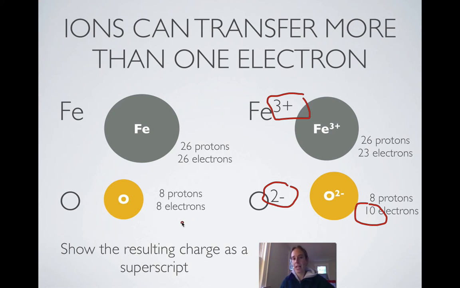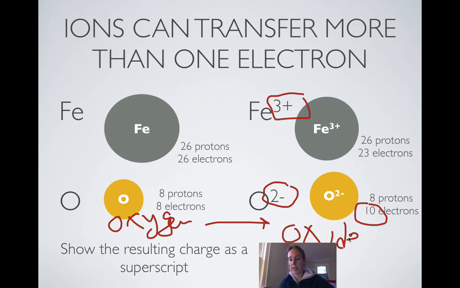And for the anions, for monatomic anions, we name these things differently. So this atom form of oxygen we just call oxygen. But when it gains those electrons and ends up with a negative charge to it, then we drop the ending and add the ending IDE.